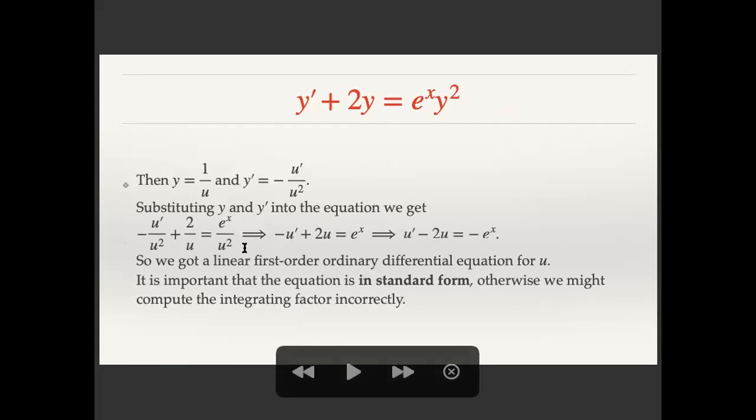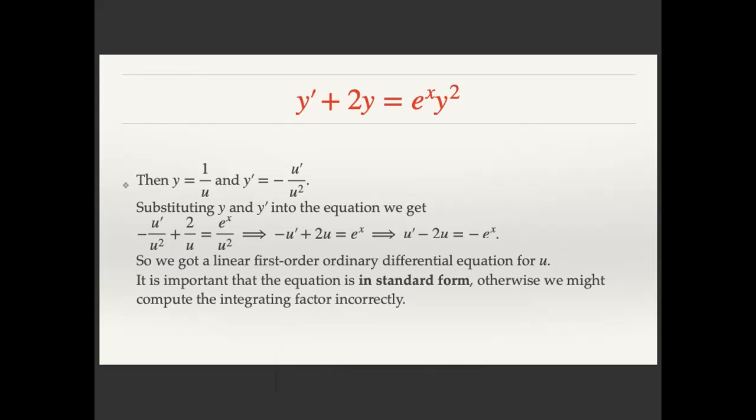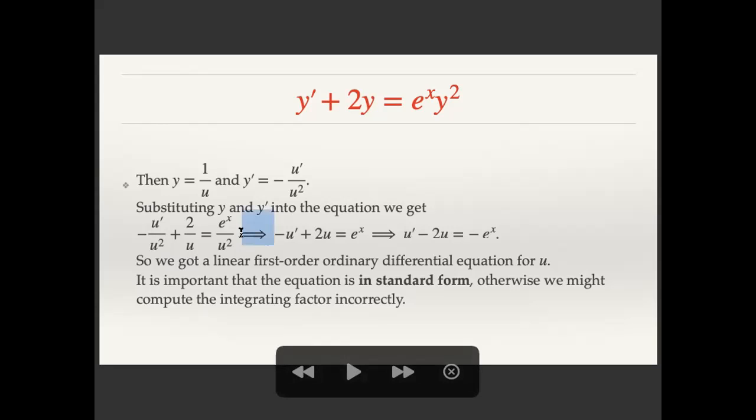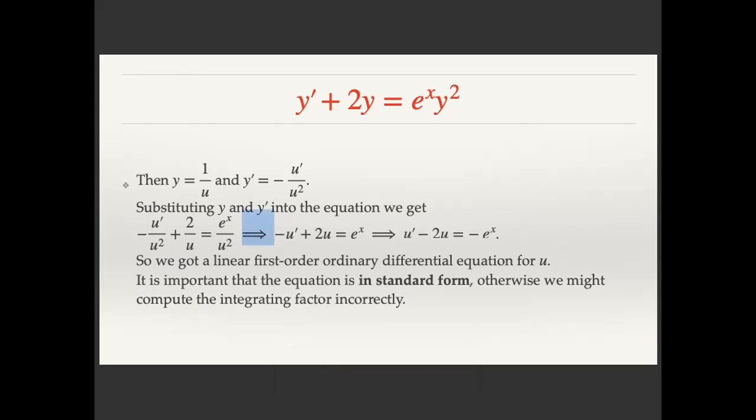So again, this is only an implication here. It's not an equivalence. Can anybody tell me why it's not an equivalence? Why I used a monodirectional arrow instead of a bidirectional arrow here? It's because in theory, u itself could be 0.